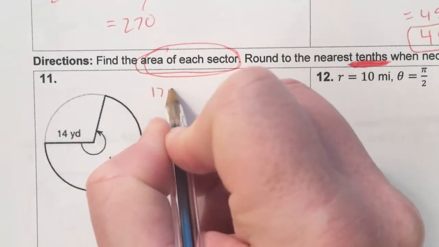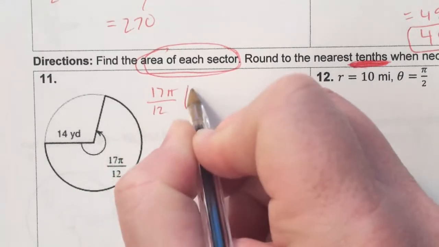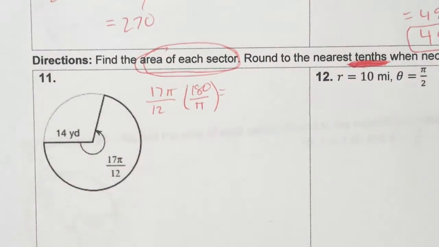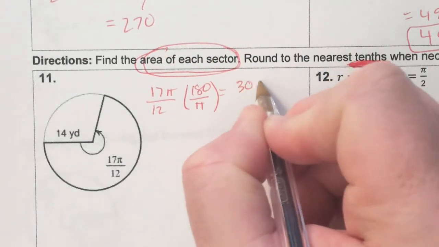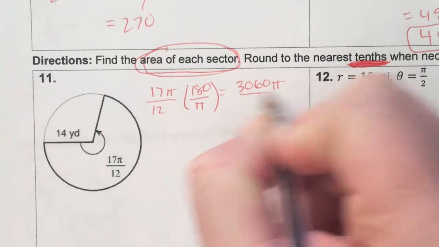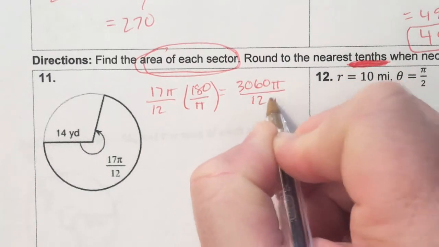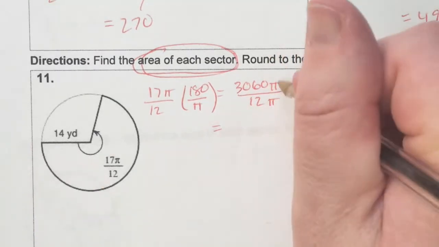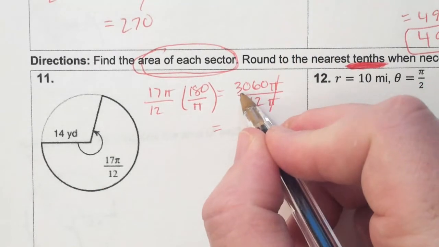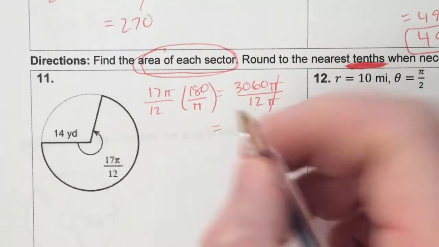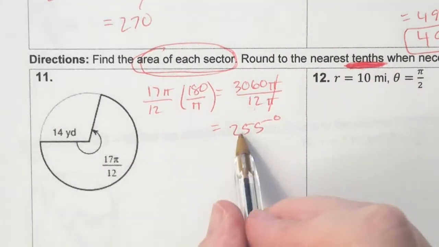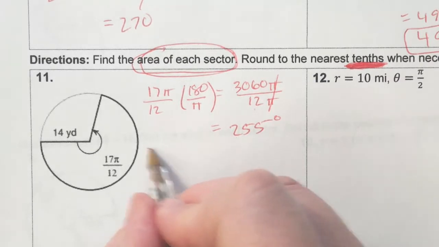So 17 pi over 12, we want the 180 degrees. We want to get rid of the pi radians. So 17 times 180, we get 3060 pi over 12 pi. So the pi's cross out, and 3060 divided by 12, we get 255. So that's 255 degrees. Excellent.